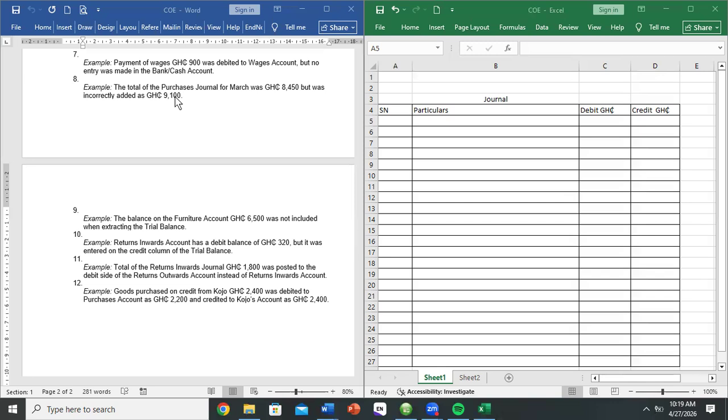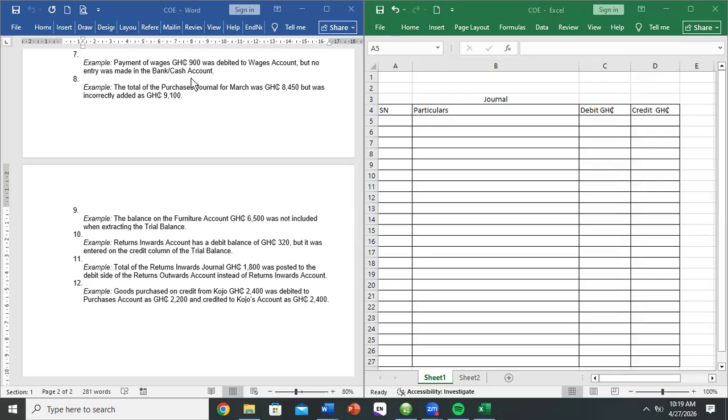Single entry, because the transaction was recorded in the wages account, but no entry was made in the other account, which is either the bank or cash. So that's single entry. As we saw the last time, single entry errors are errors where the double entry is not completed or only one side of the double entry was passed.